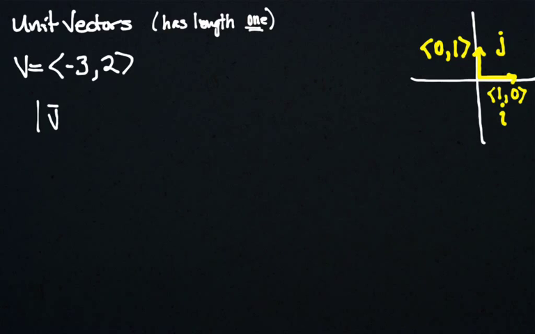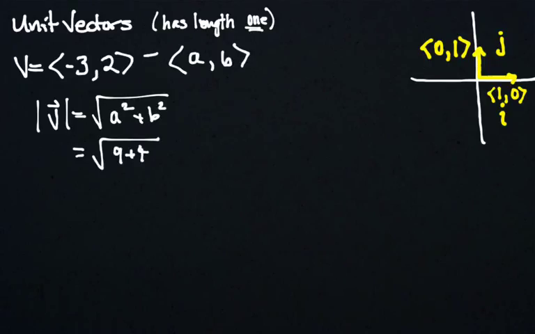A minute ago you said this was true. And so what we see here is that we can find out the magnitude of A and B. And A and B turns out to be just -3 and 2. Listen, the instructions for this problem are going to sound like this: find a unit vector in the same direction as the given vector.